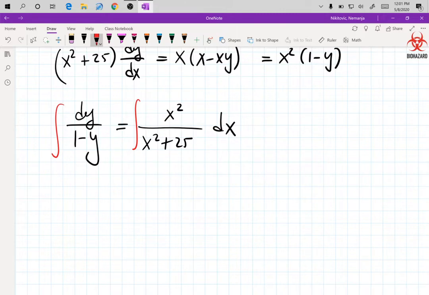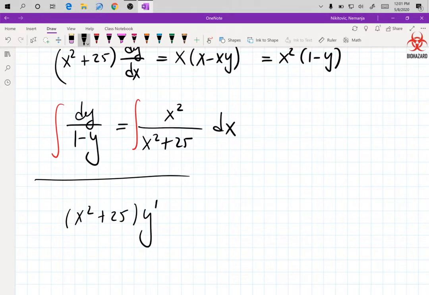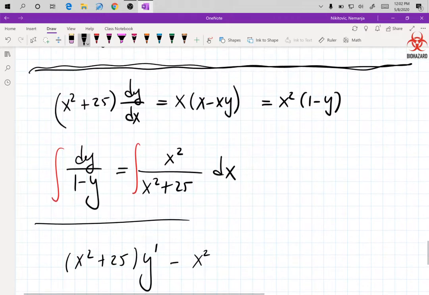Now, integrating factor. Integrating factor requires you to have everything on the same side. So x squared plus 25 y prime minus, and I'll just put this as x squared. Aha!